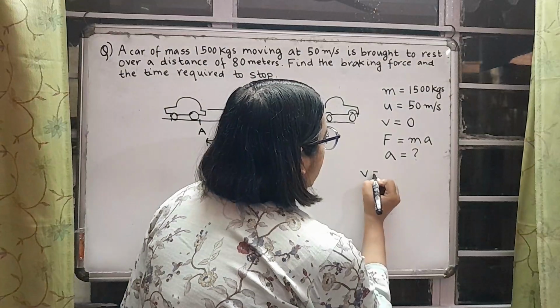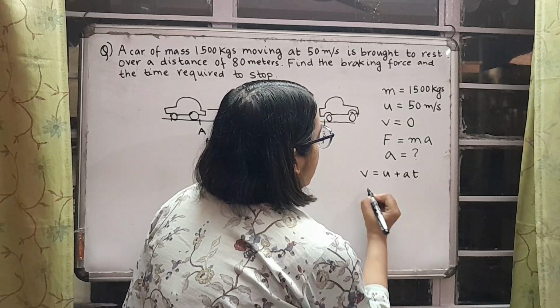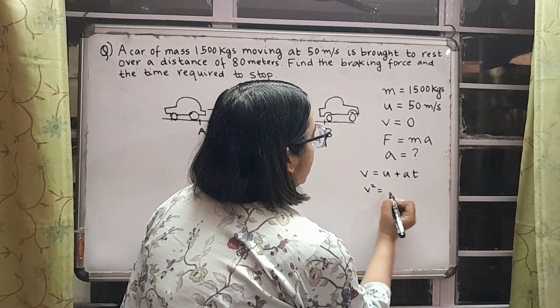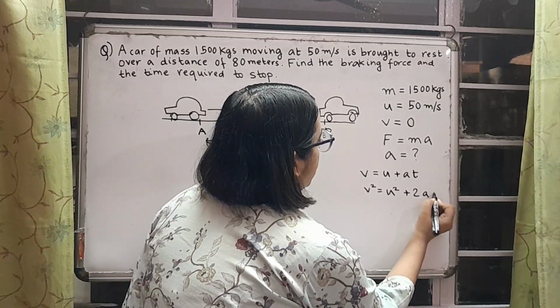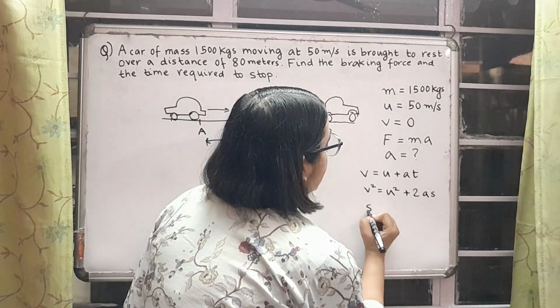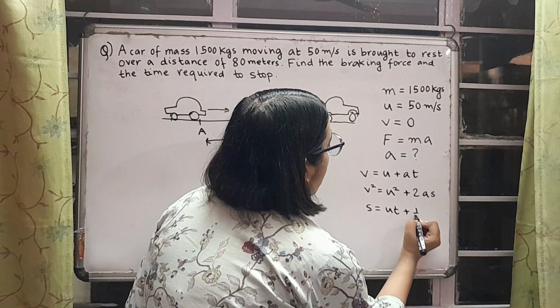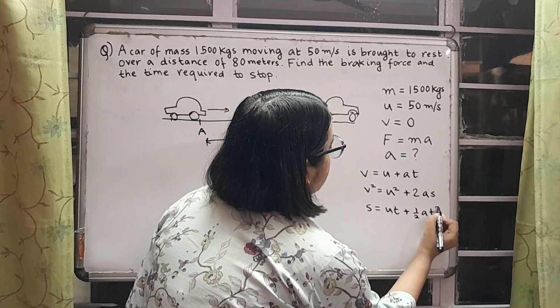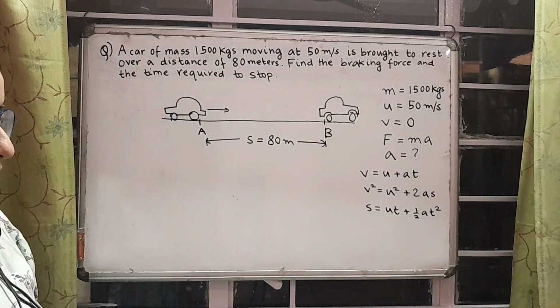One is v = u + at, another is v² = u² + 2as, and another is s = ut + ½at². These are the 3 equations of motion.